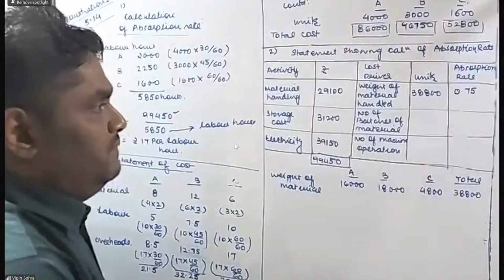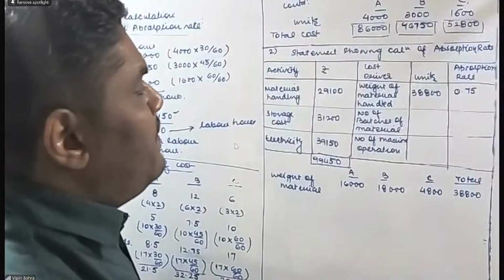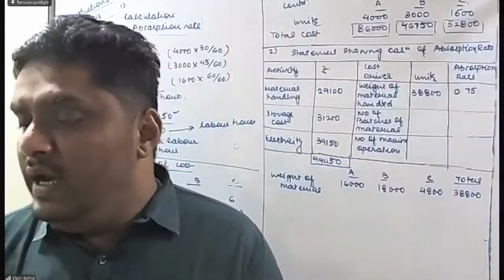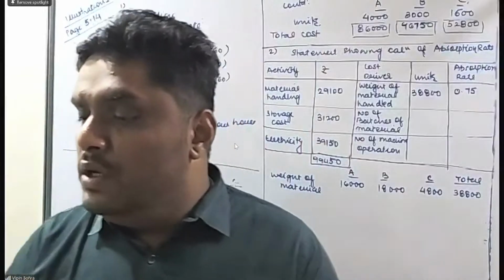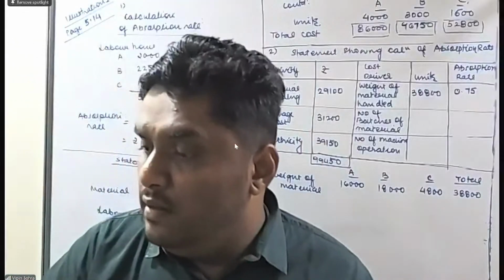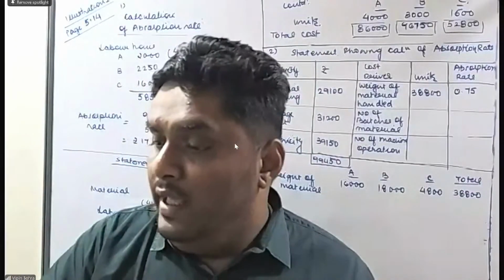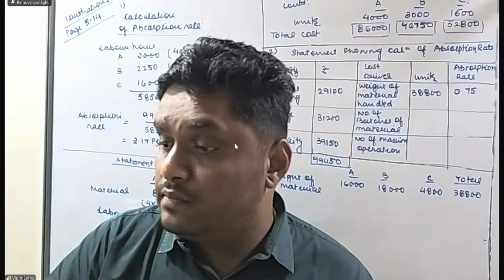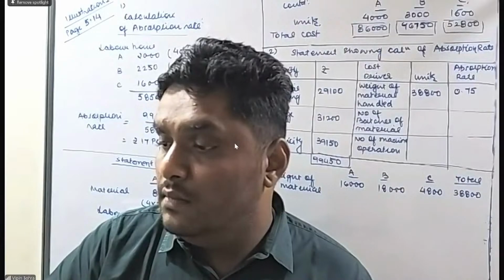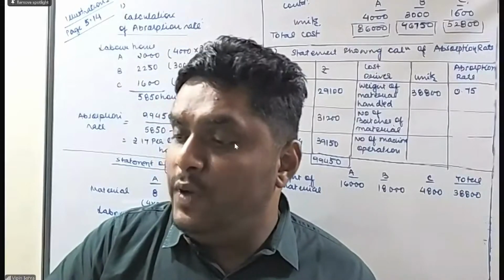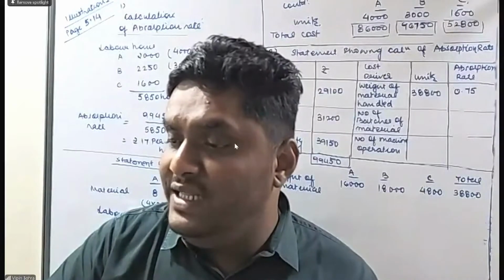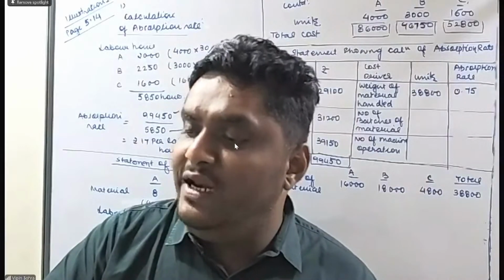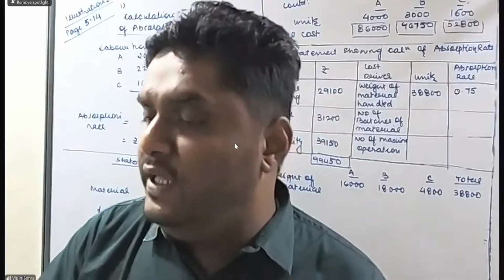Now, when talking about the second part, that is storage cost, it is to be absorbed on the basis of number of batches of material. Herein the number of batches of material is given in the question. For complete production, the batches of material are 10, 5, and 15.